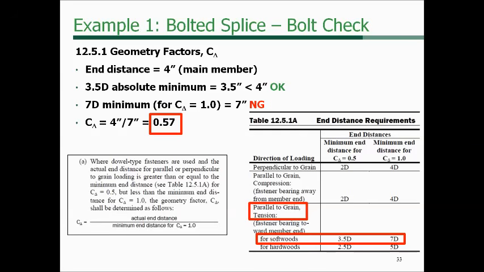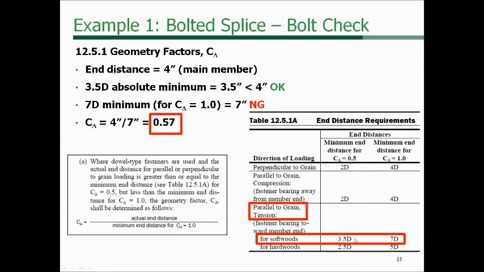So we're going to take the one that controls, because I think the side members have a 7-inch end distance on the loaded end, and 4 inches in this case for the main member. So we're really looking at the main member in this case. And so the absolute minimum, we're okay. The absolute minimum is 3.5 D. Oops, sorry about that.